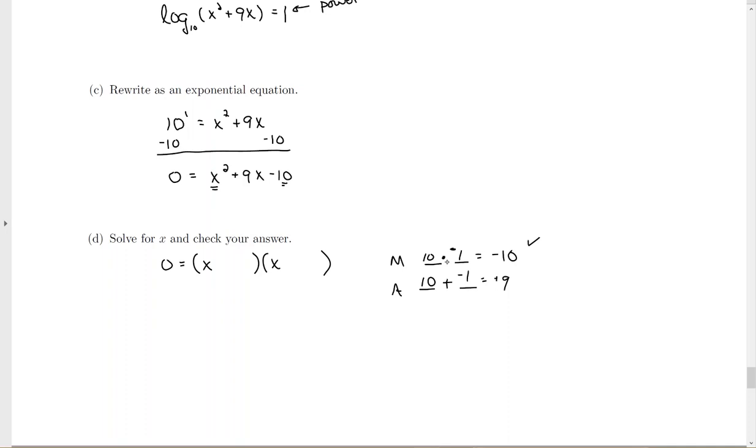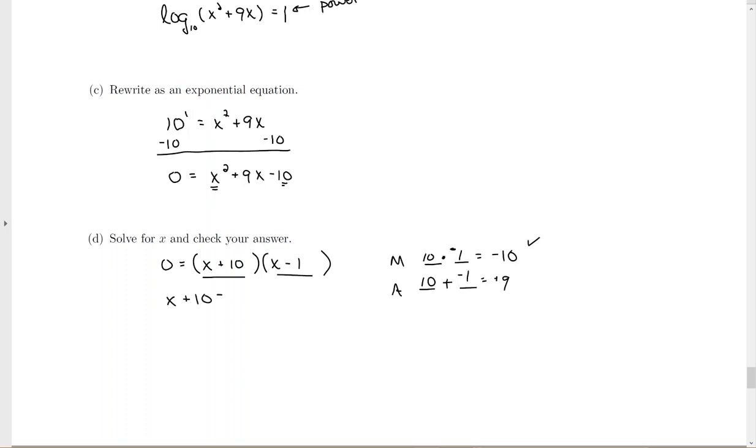In this case, I guessed correctly, so I'm going to put in a plus 10 and a minus 1. If I FOIL this completely out, I can check to make sure that I get x squared plus 9x minus 10 back.